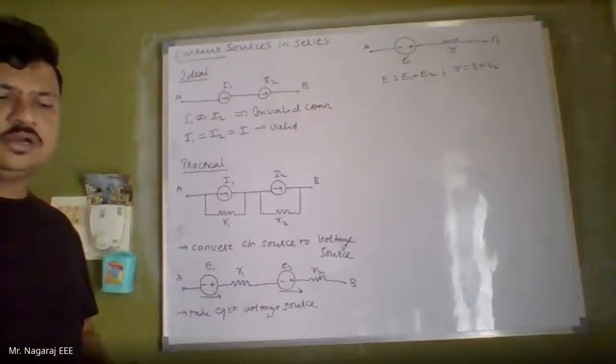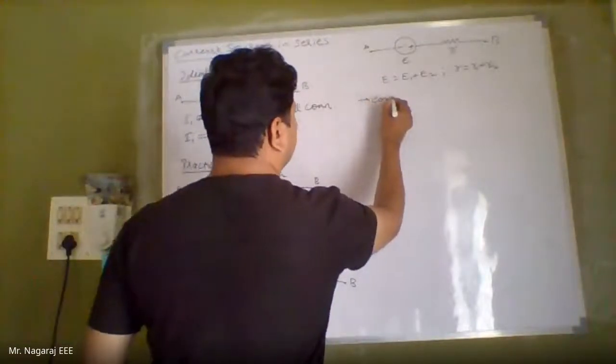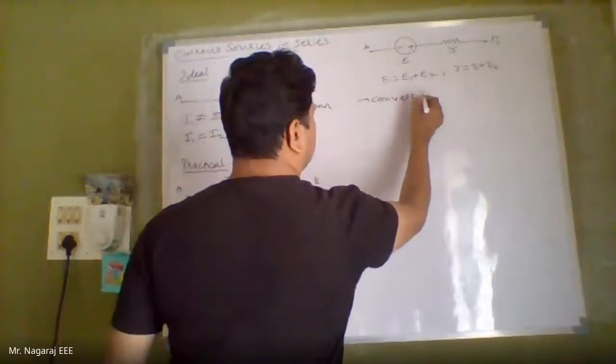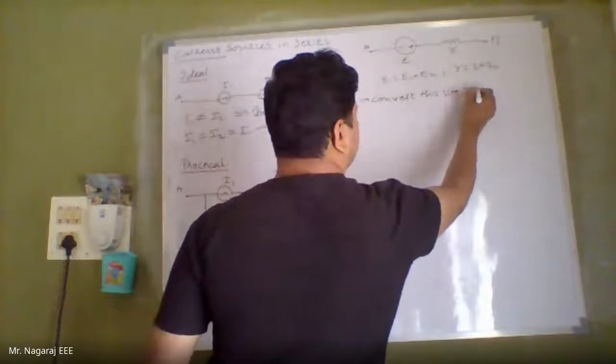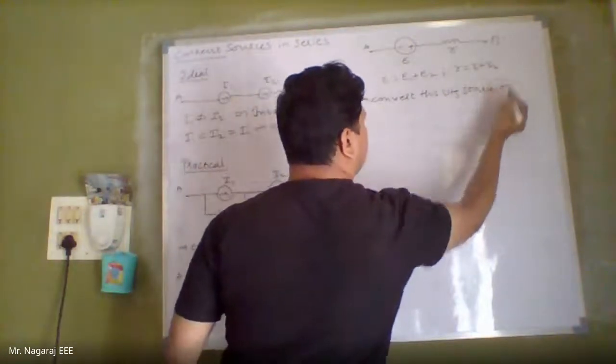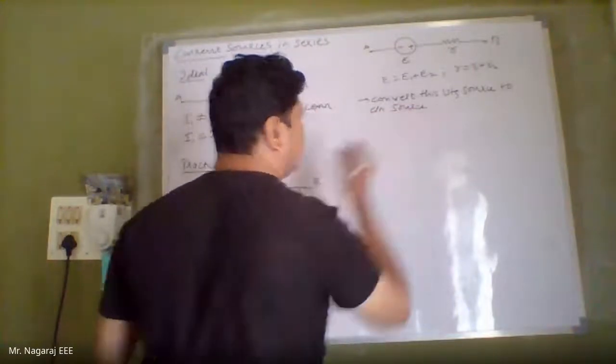Convert that back to current source. Now convert this voltage source to current source.